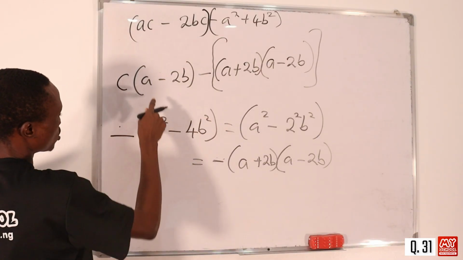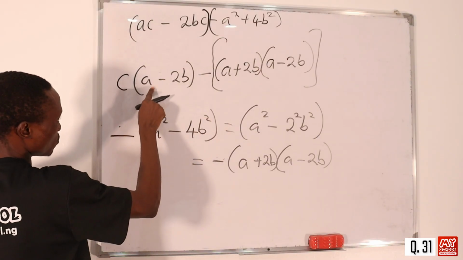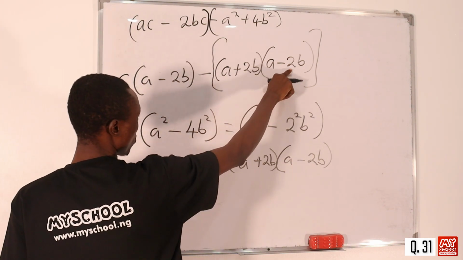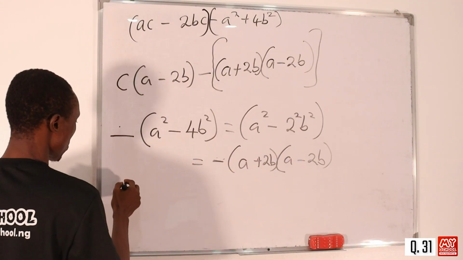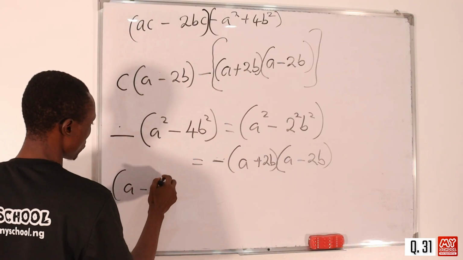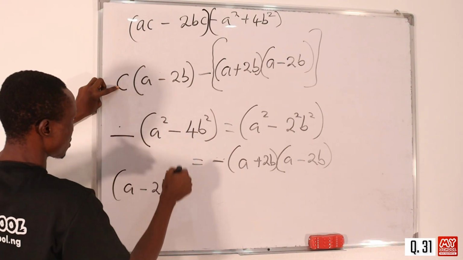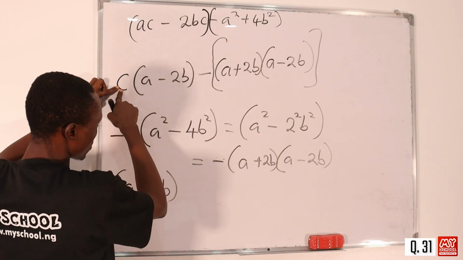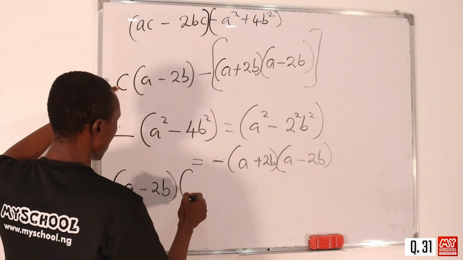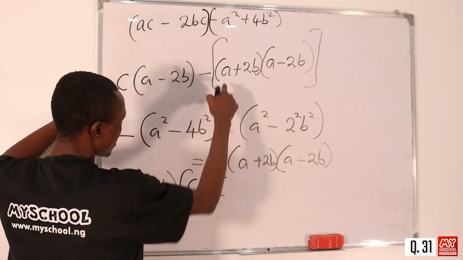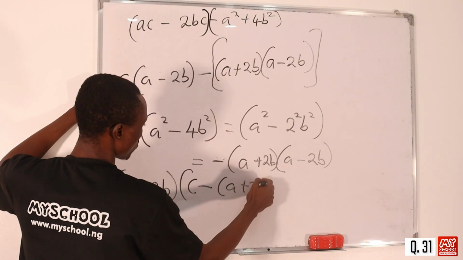Okay, so now if you check very well, this term, what we have in the first bracket here, which is a minus 2b, is also common to this, so we bring it out. So here we'll be having a minus 2b, then we now combine what is left. So what is left here is c. So here we have, in another bracket, c, then minus, in bracket, a plus 2b.